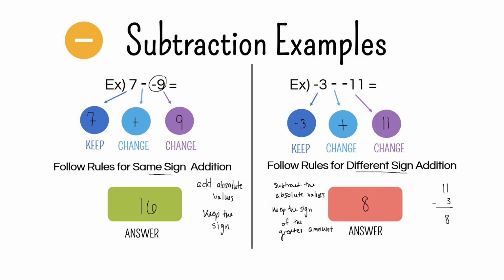So those are our rules we're going to use here. Now I know it's a little bit confusing because you're like, well, you said all subtraction turns into addition. And that is true. All subtraction does turn into addition, but we understand that different sign addition includes subtracting the values. Okay? So what about multiplying and dividing?